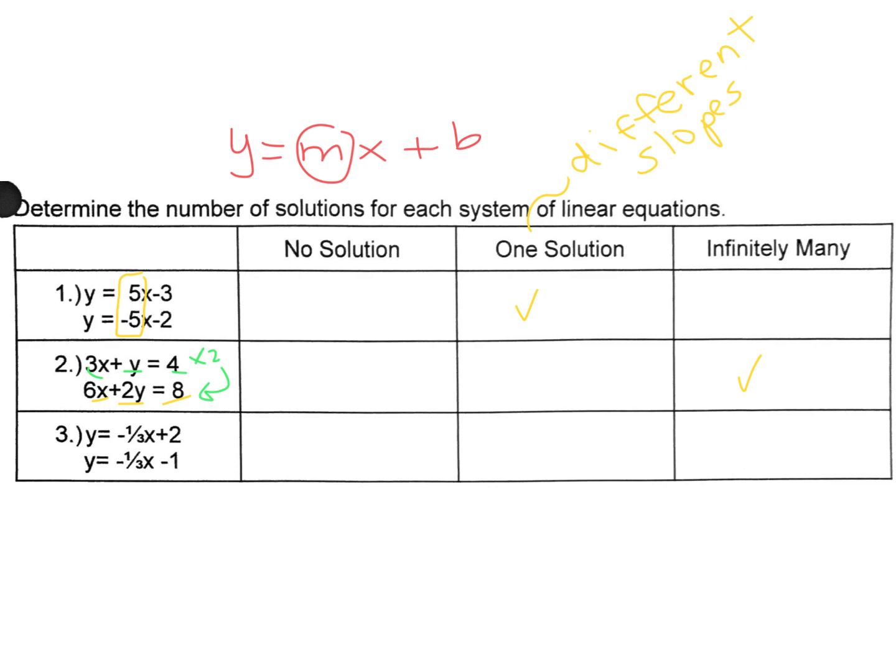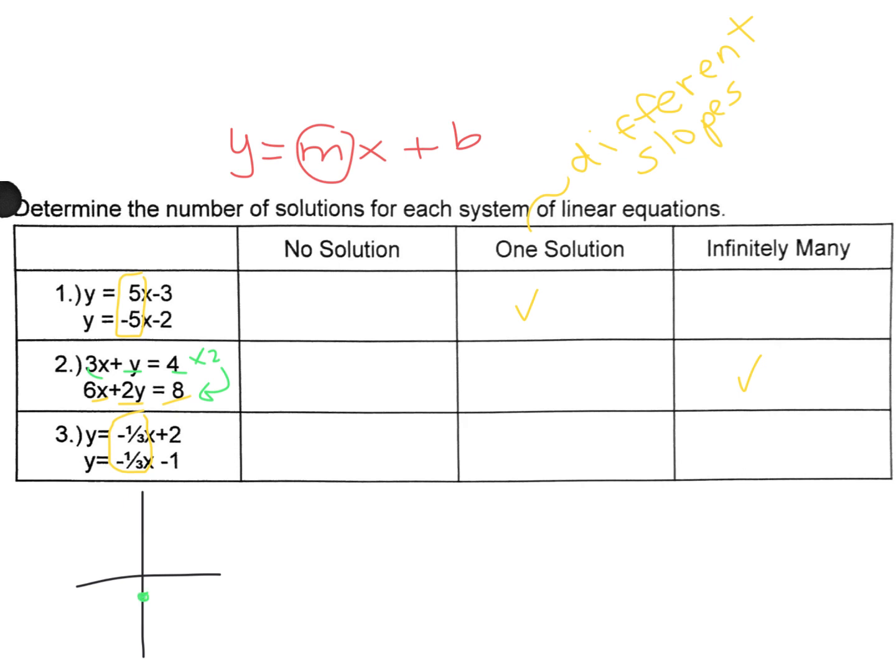And then your last equation, let's see, slopes are identical, same slopes, but different intercepts. So that means on a graph, they would be at different intercepts.